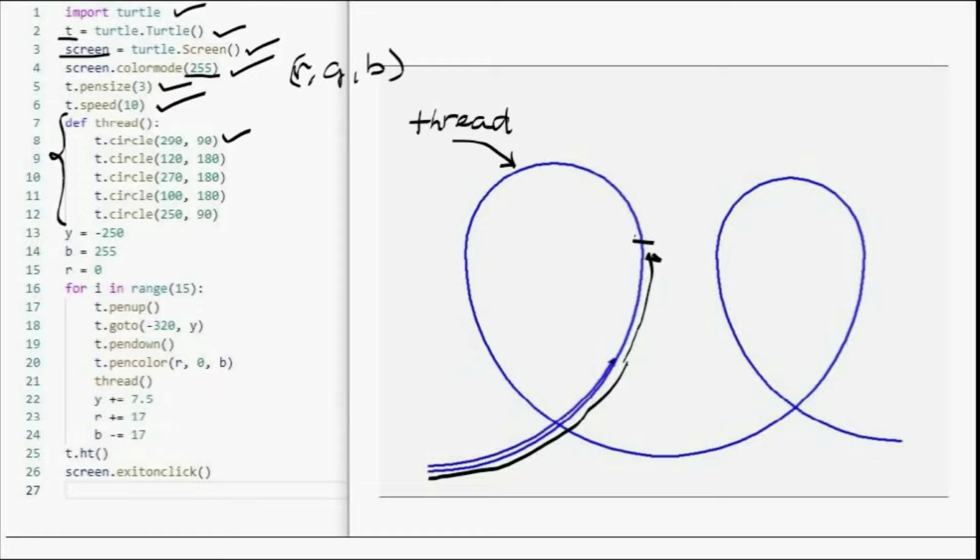In this case, the radius, let me repeat, of the circle from which this arc is taken is 290, as you can see on line number 8. And then the angle is 90 degrees.